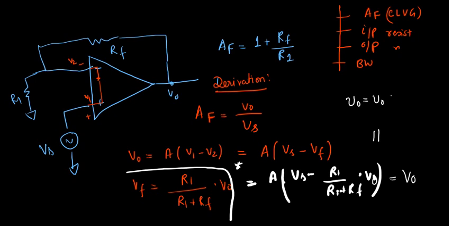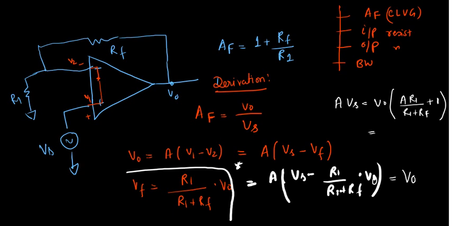Okay, just simplify it. Tell me, what will it be? A Vs is equal to V0 times A R1 divided by R1 plus RF, plus 1.